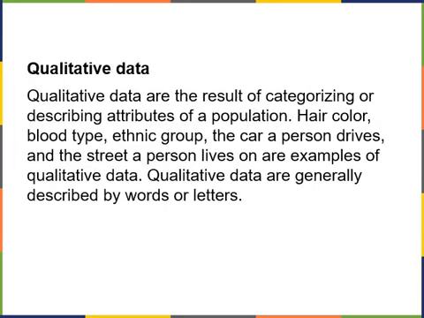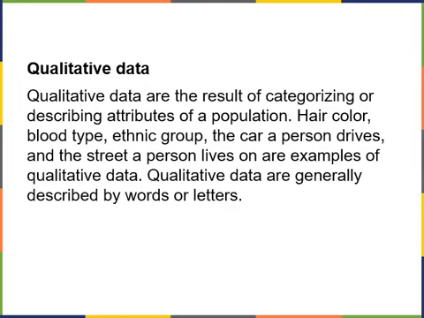Qualitative data are the result of categorizing or describing attributes of a population. For example, hair color, blood type, ethnic group, the type of car a person drives, and the street a person lives on are examples of qualitative data. You'll see that they are describing a characteristic of the population.